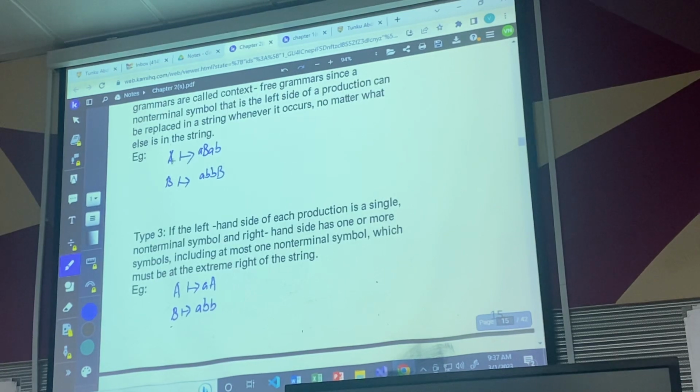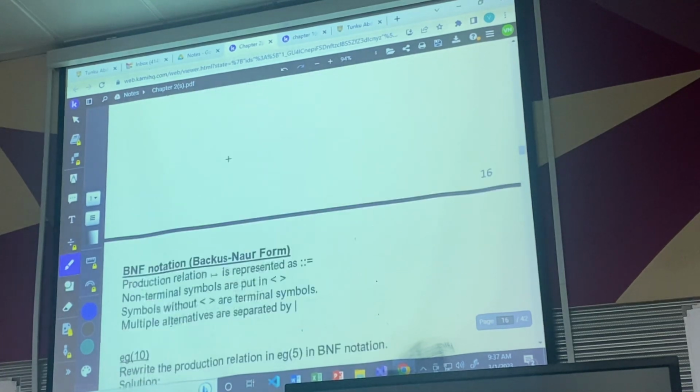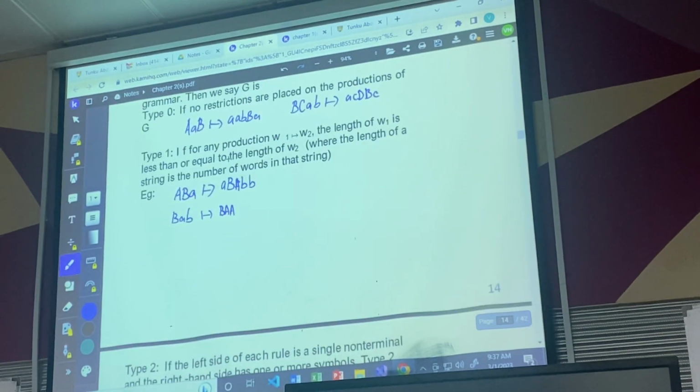So now you can see that the length of the left-hand side here is less than or equal to the right. Correct? So even though I say this is type 2, actually I can say this is type 1 also. Right? Then, if this is type 1, can I say this is type 0?